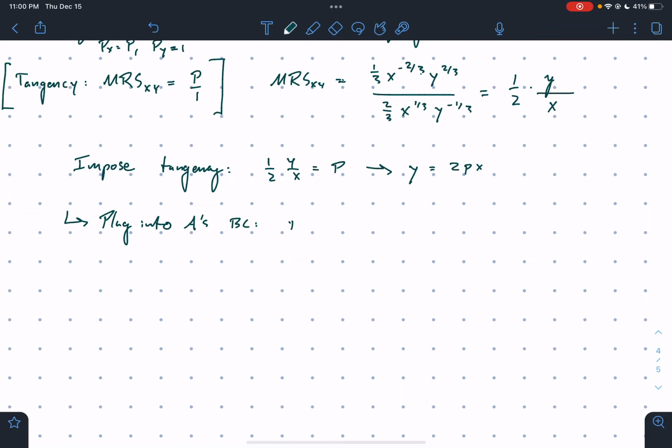So here we have px plus py, which is just 1, times the amount of y we're going to buy, which again here is going to be 2px. Now this is equal to the income or the budget of consumer A, which is MA, which is equal to 20, I believe.